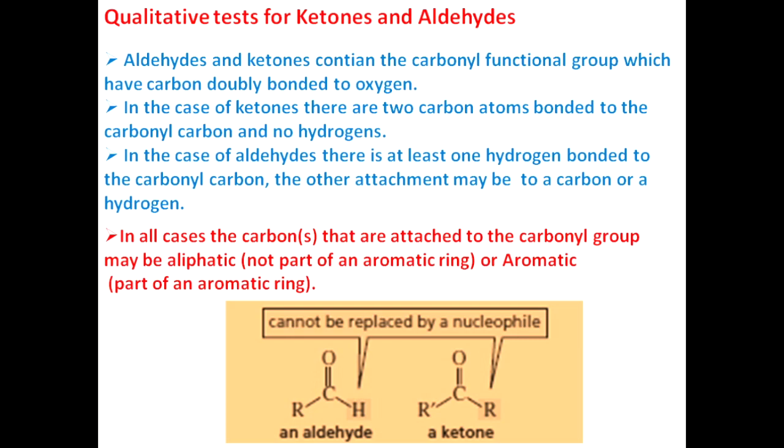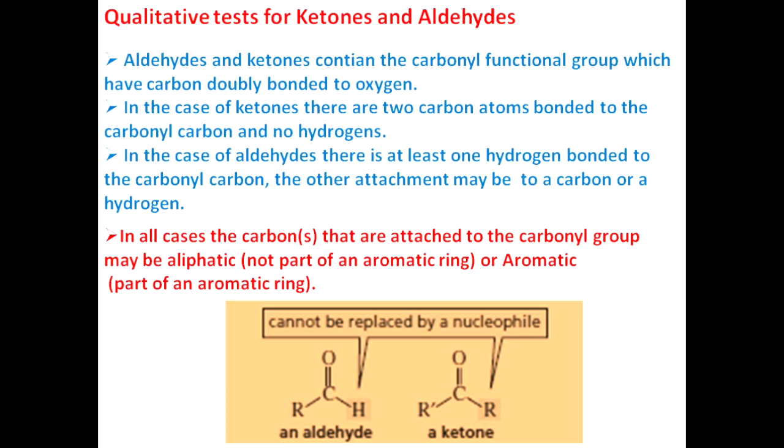Aldehydes and ketones contain the carbonyl functional group, which has a carbon double bond to oxygen. In the case of ketone, there are two carbon atoms bonded to the carbonyl and no hydrogen is present. In the case of aldehyde, at least one hydrogen is bonded to the carbonyl carbon, and the other is a carbon atom or group.